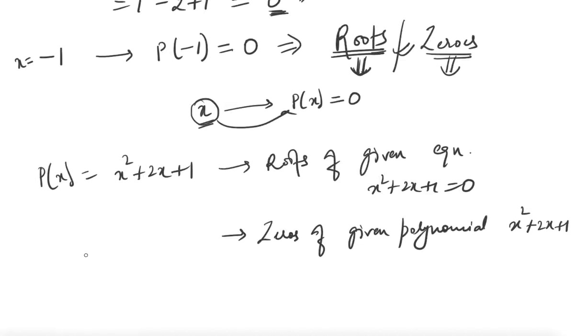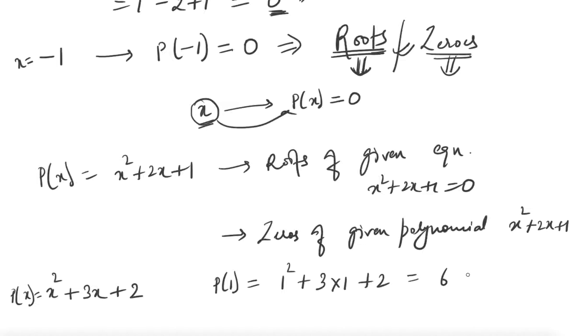Let me take another example. Say I have x square plus 3x plus 2. Now what value should I substitute here in order to get 0? Let me try with 1. P of 1, what is the value? 1 square plus 3 into 1 plus 2, which is equal to 6, not equal to 0, hence 1 is not the root.